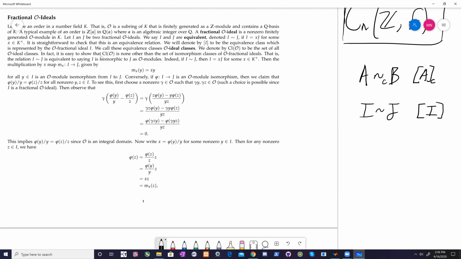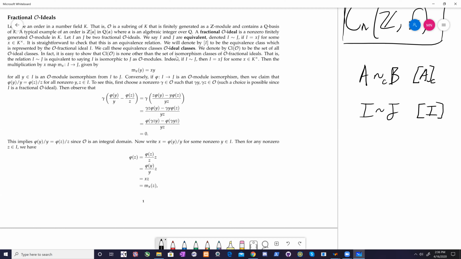In fact, you can actually show, and it's pretty easy to show, that the CL of O is none other than the set of isomorphism classes of O-fractional ideals. In other words, the relation I is equivalent to J is equivalent to saying I is isomorphic to J as O modules.